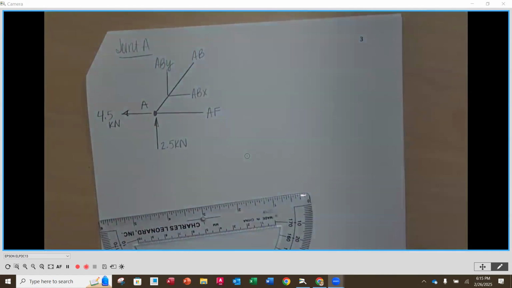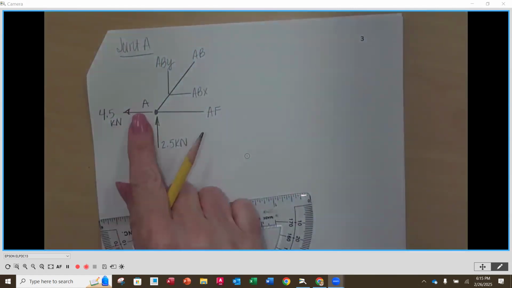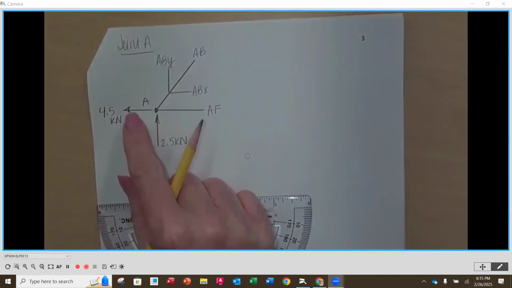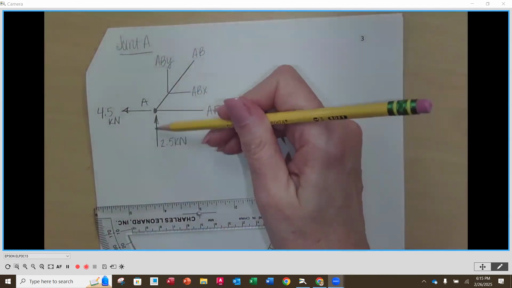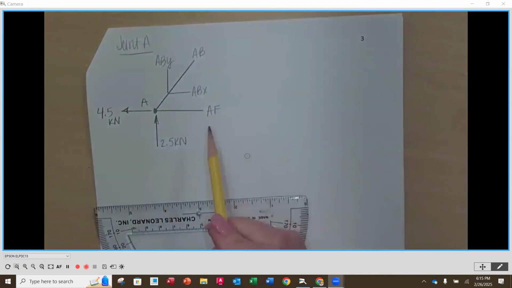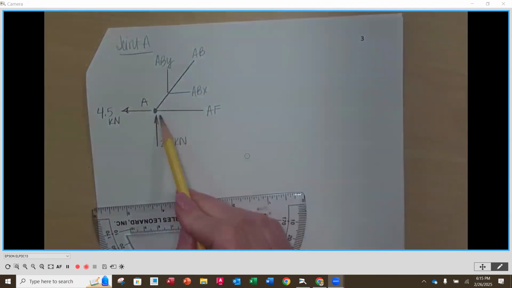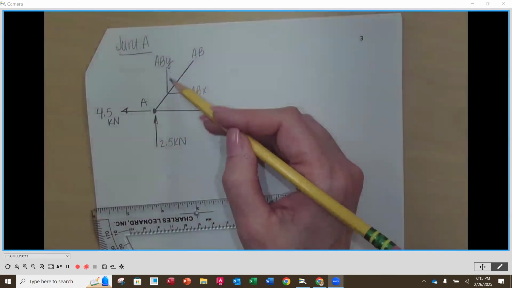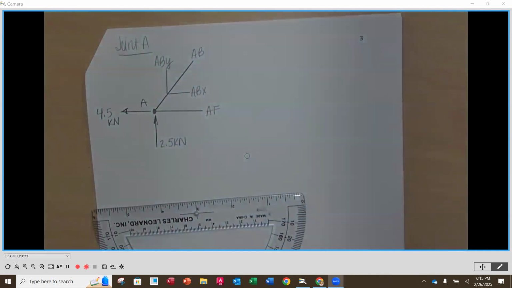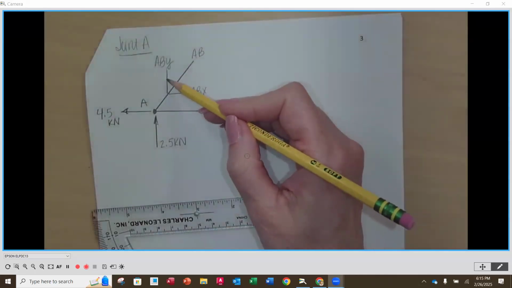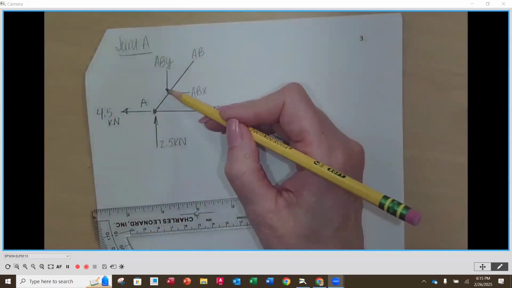Now, directions. As we look at the applied loads, you'll notice that we have the one Y direction. And if we look at the other member, it is only horizontal, okay? It does not have a Y component. This one has a Y component. And if we already know at joint A that we have a force at that support going up, to keep this in equilibrium, which way am I going to have ABY?